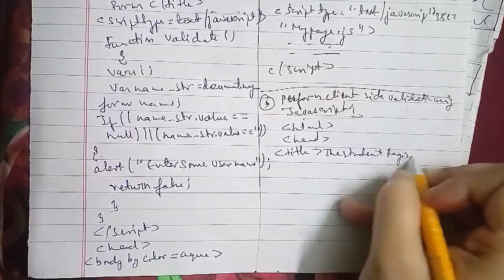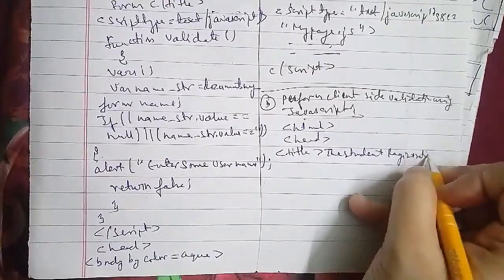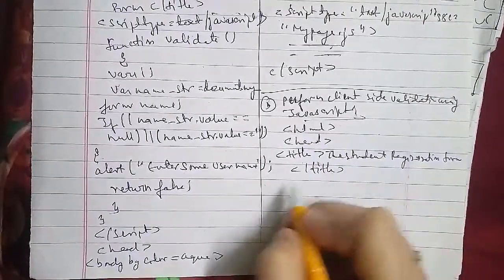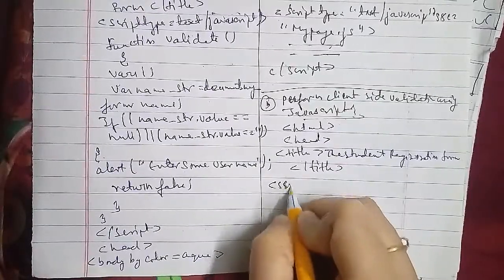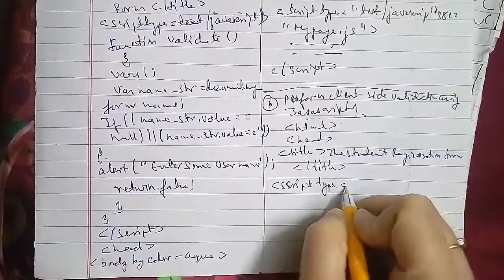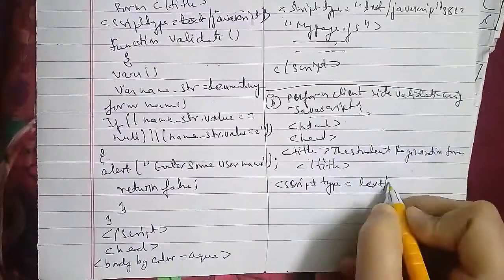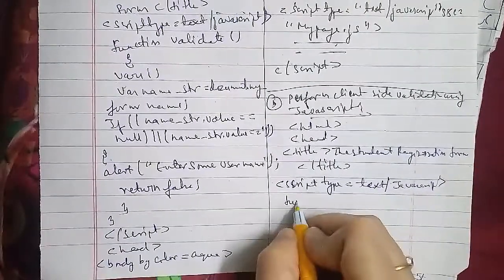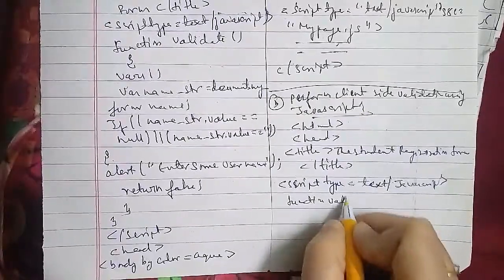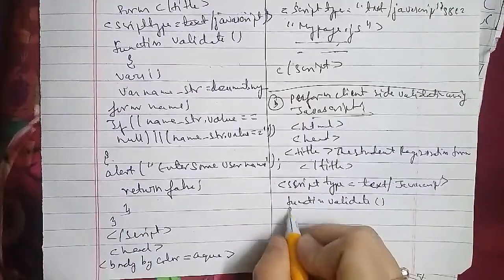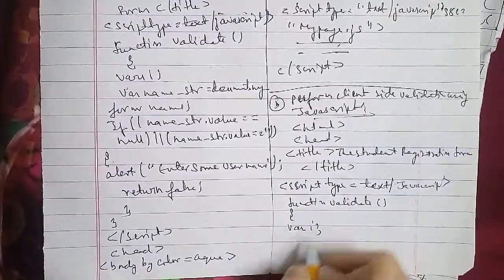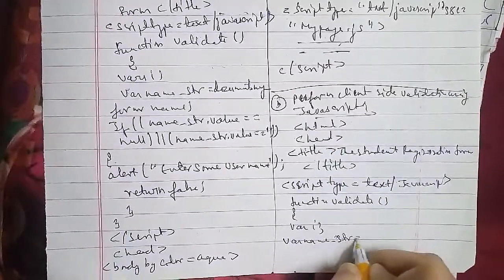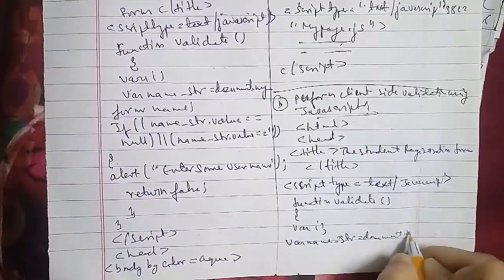Close the curly bracket which we had opened here, then if document dot myform dot age dot text dot value equals to empty, then another curly bracket, then alert, enter some age, return false, close the curly bracket.